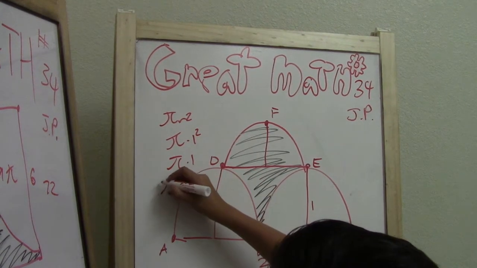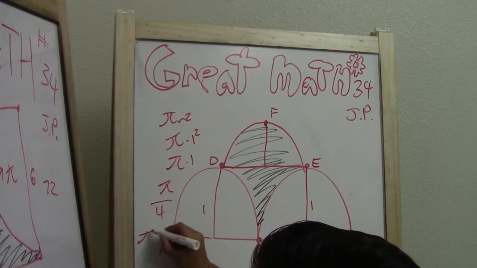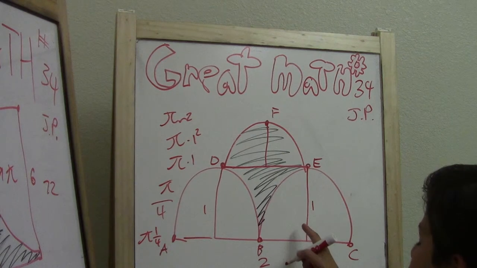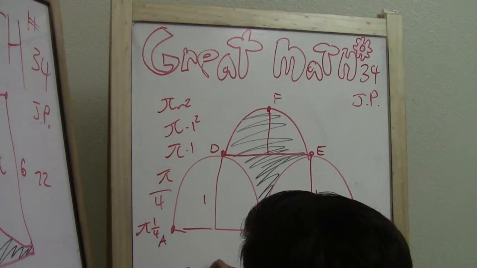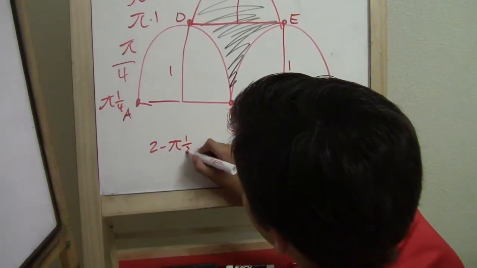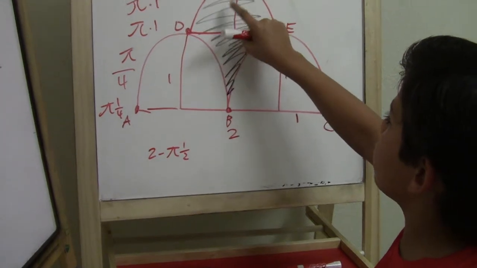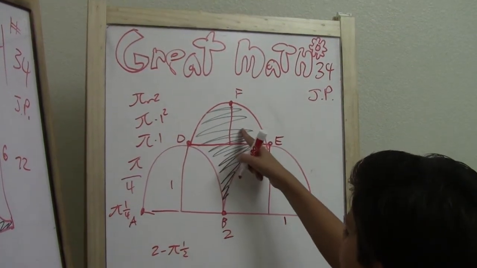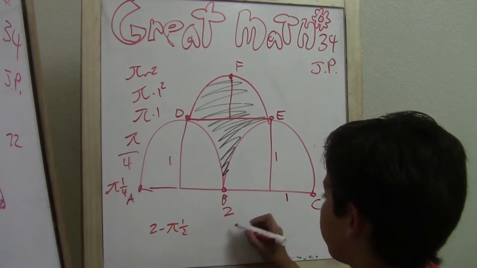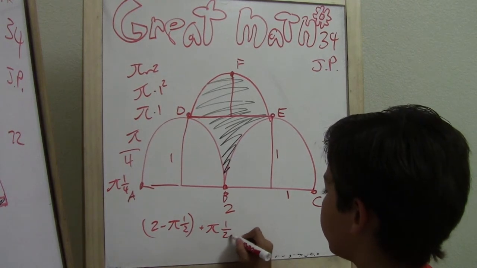We divide it by 4, so we get pi over 4. Since there are 2, it'll be 2 minus pi over 2. But then we have to add this guy. That's pi over 4 plus pi over 4, which is pi over 2. So our formula would be this plus pi over 2.